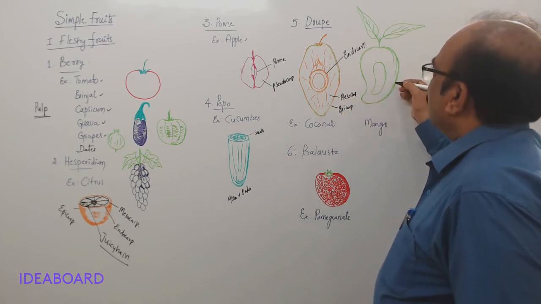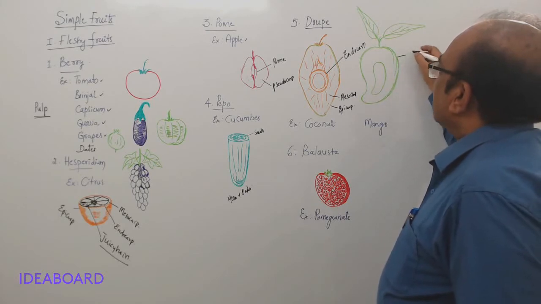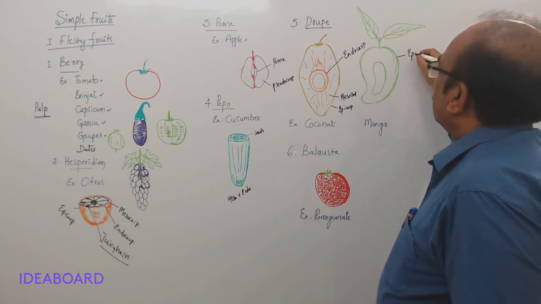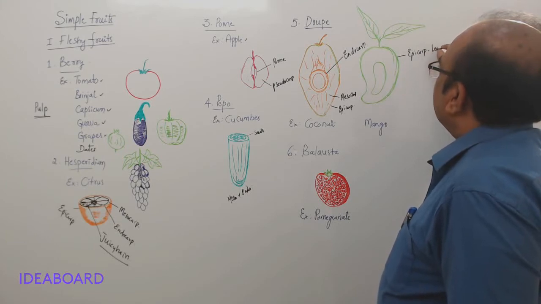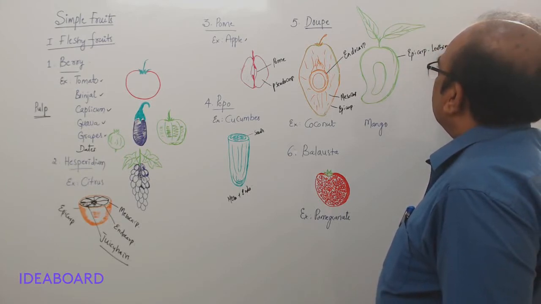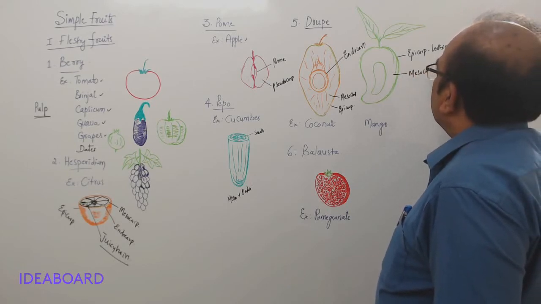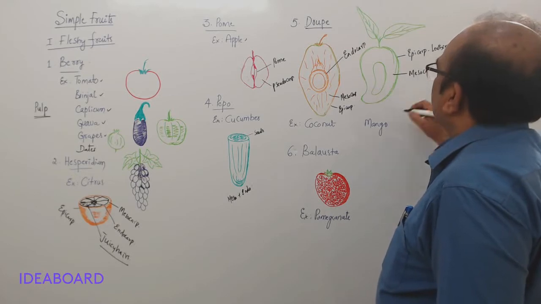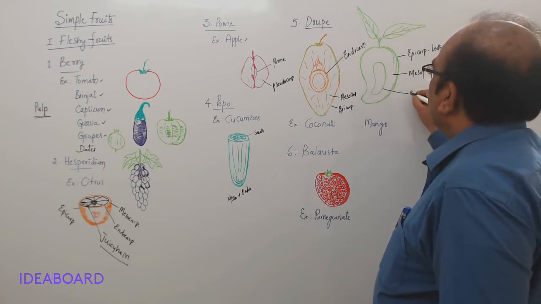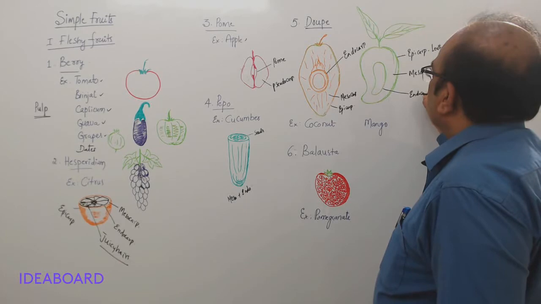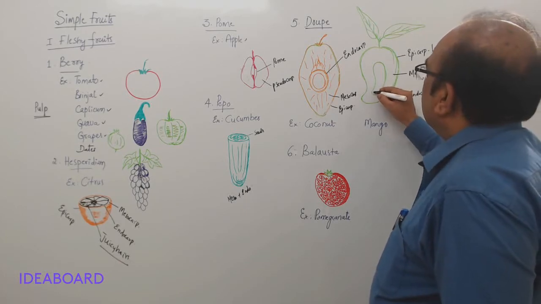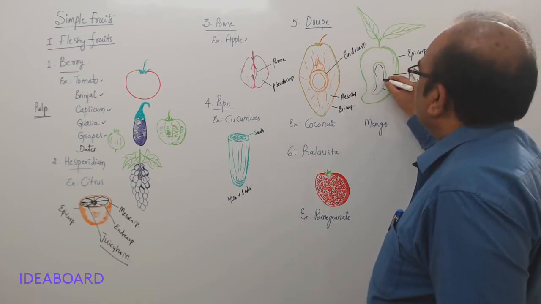In mango, the epicarp is leathery, the mesocarp is pulpy or juicy, and the endocarp encloses the seed.